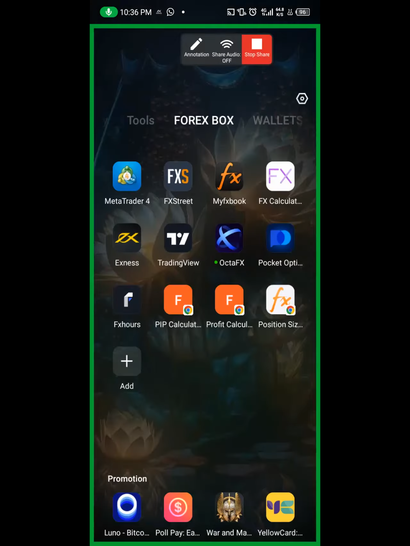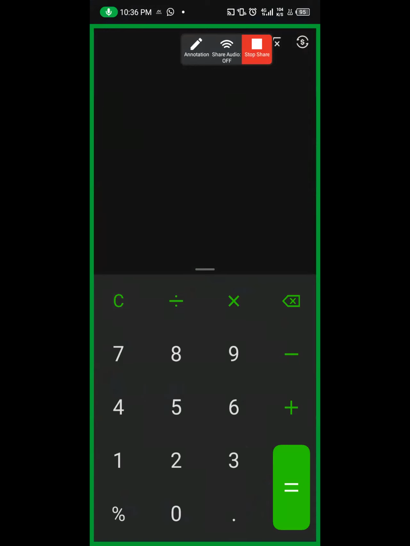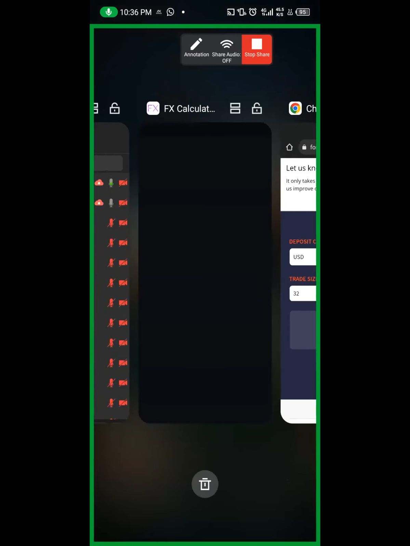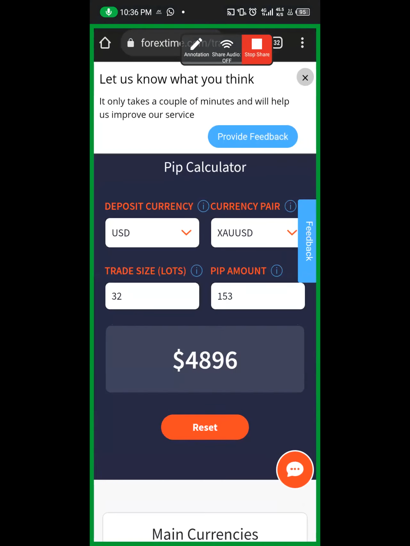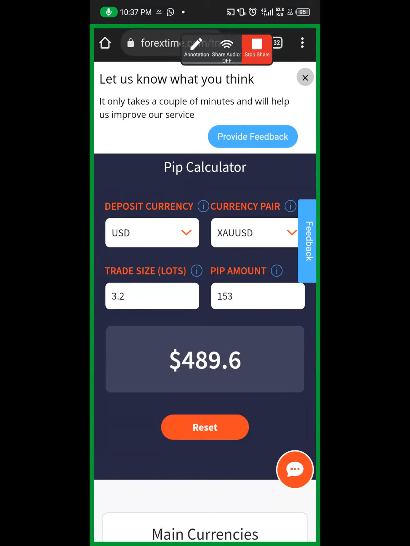Let me use my calculator. So 0.3 is like $3, right? It's not possible. Sorry, it's $489. If you're using a $10,000 account, it's $489. Sorry, 0.2 is right, but it was by mistake. So it gives you $489.6.